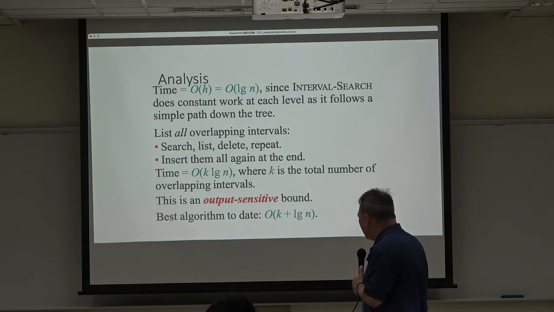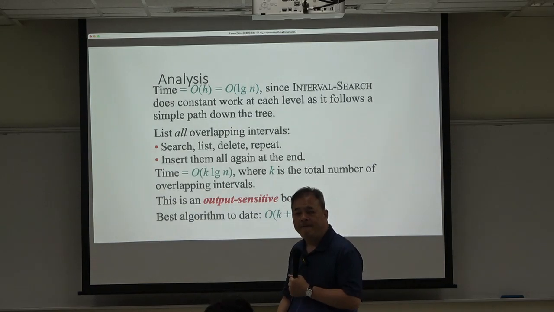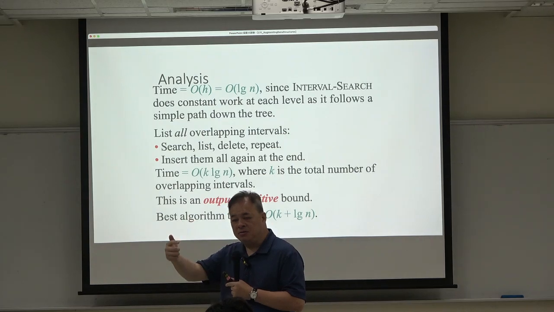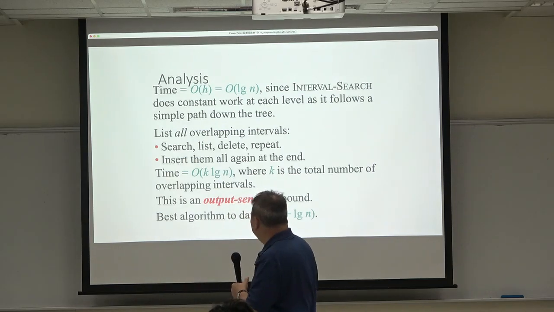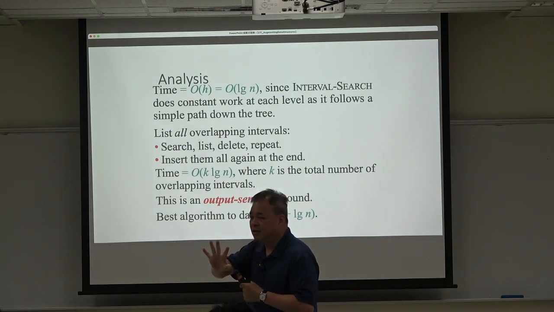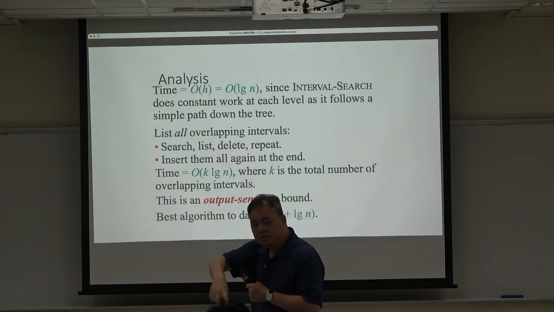What is k? k is the number of overlapping intervals that you report. Say if you find 3 intervals that overlap, then you are going to do search 3 times. Actually, you are going to do search 4 times, 3 plus 1, because the last one is a failed search.